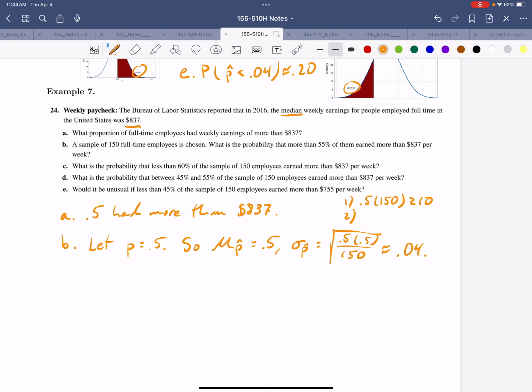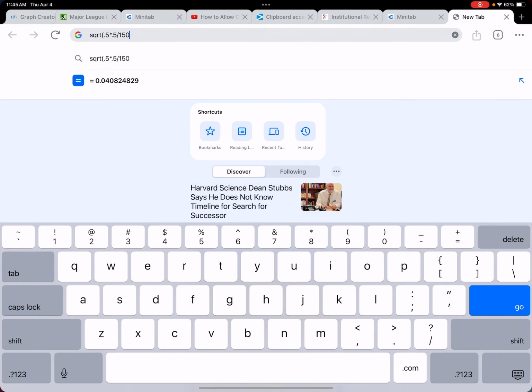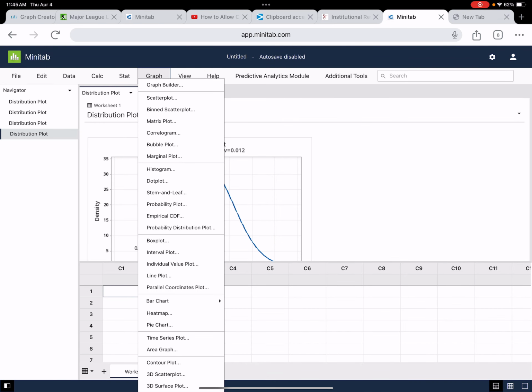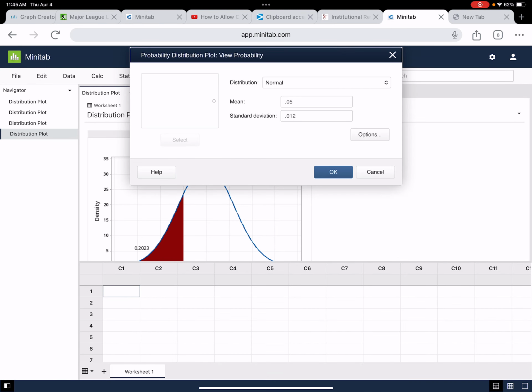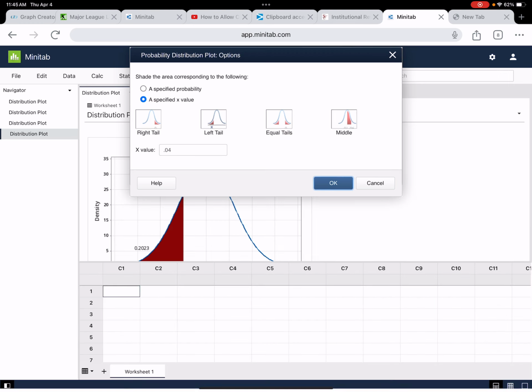So the probability that more than 55% of them, the probability that p hat is greater than 0.55, well, again, just another Minitab exercise at this point, now that we've verified that we get to use the CLT. The mean here is 0.5. The standard deviation we said was 0.04.